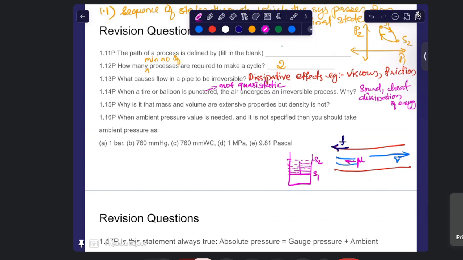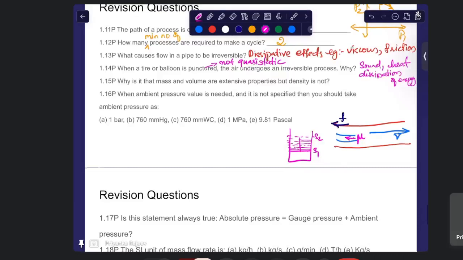But density is not, because if you take a large amount of the same material, the density is not going to change.